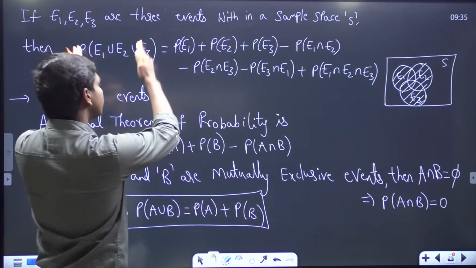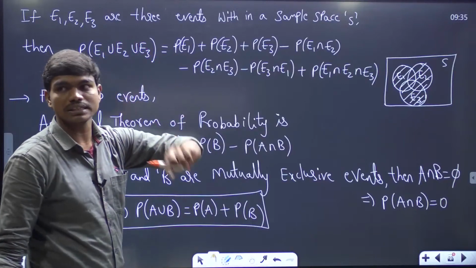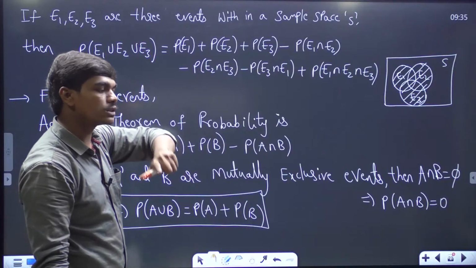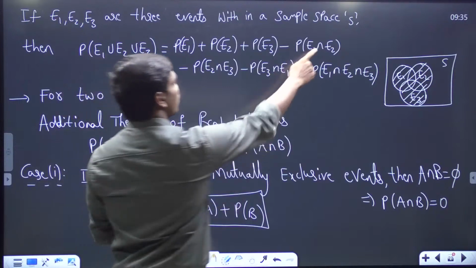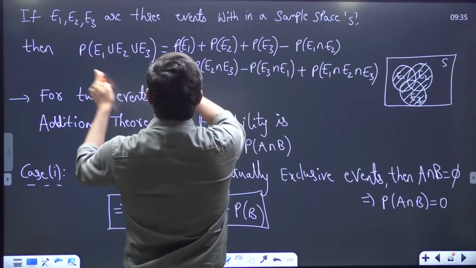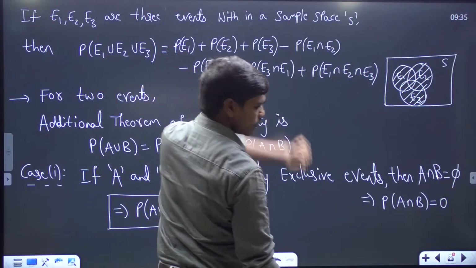Similarly, if you apply it for three events, P of E1 union E2 union E3 is equal to, if E1, E2, E3 are collectively exclusive events, meaning there is no common intersection between E1, E2 and E3, then all these four terms will go to 0, and P of E1 union E2 union E3 is equal to P of E1 plus P of E2 plus P of E3.